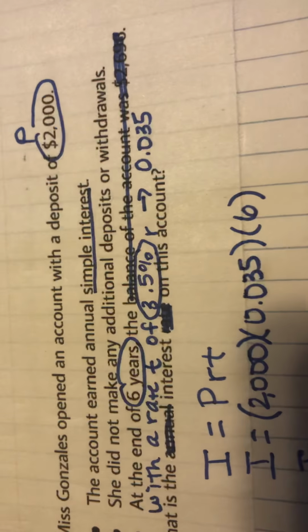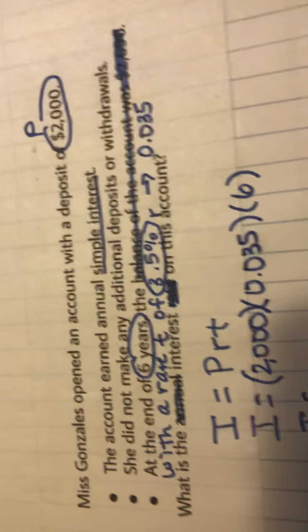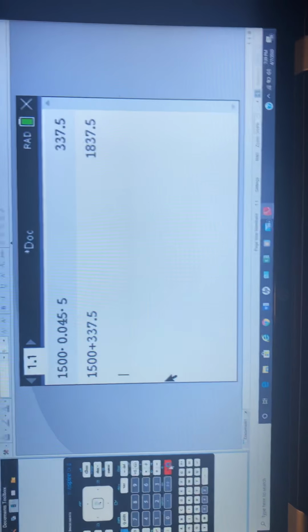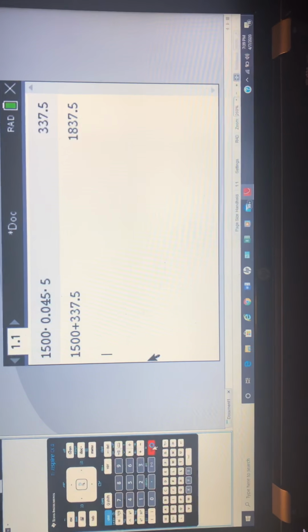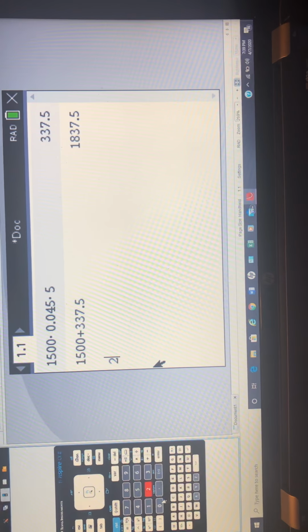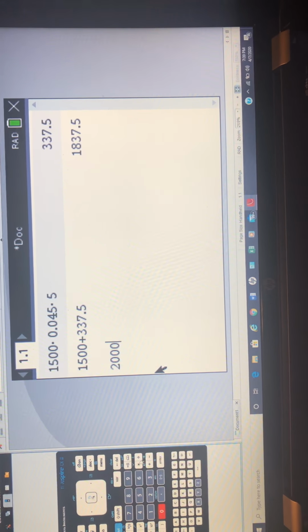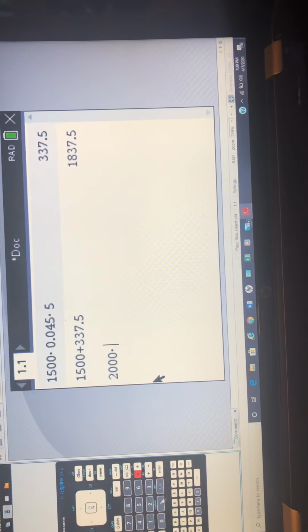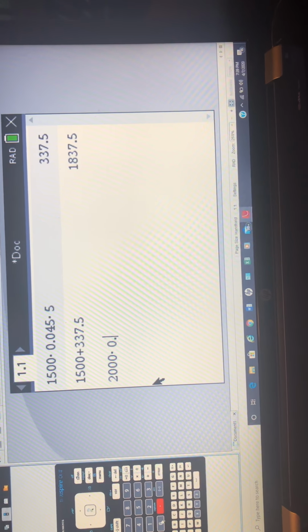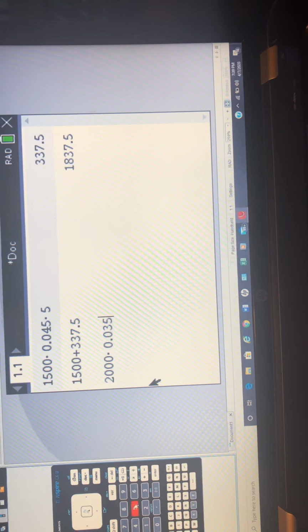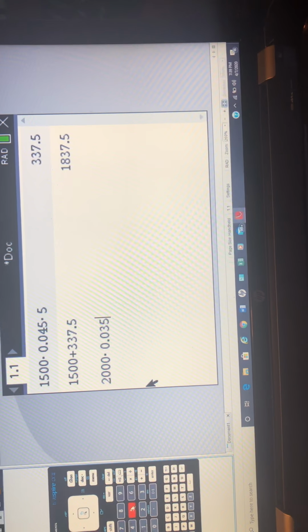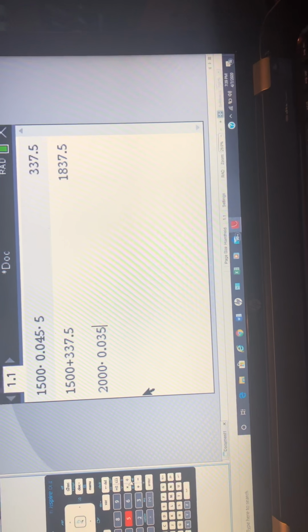Okay, so let's go to our calculator, and I'm going to go ahead and put in 2,000. Multiply that by 0.035. Notice I don't have to put in the parentheses when I'm doing it in the calculator.